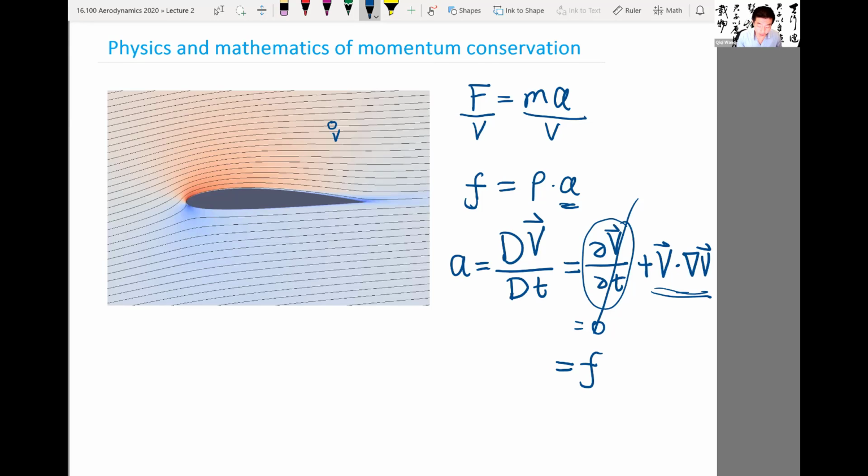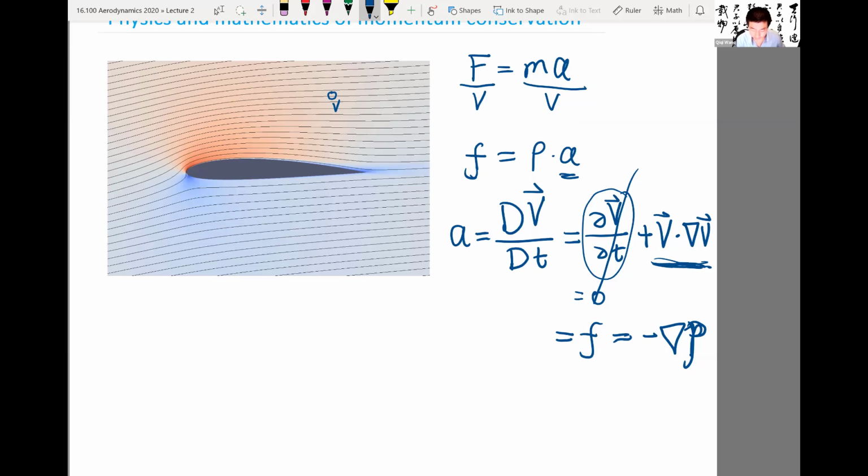And in our case, the only force that's acting on the flow is the pressure force. That's minus the gradient of not rho, but P. So that's where the pressure first comes into the aerodynamics. Okay, so let's take a look at this term a little bit more.